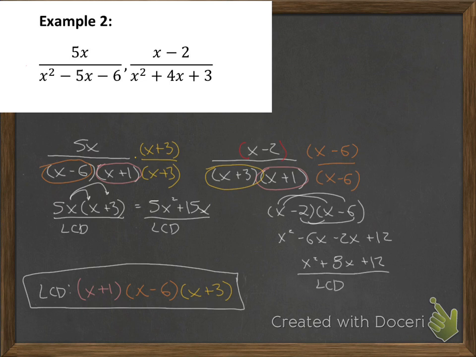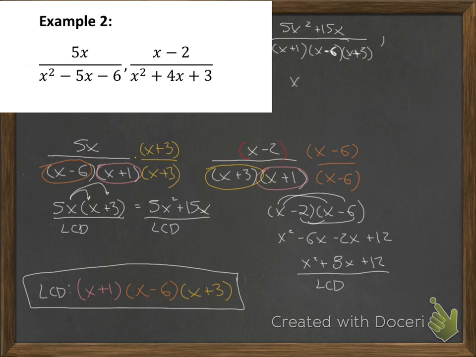Okay, so let's actually write our answers out. I have some space up here. I have 5x squared plus 15x over the LCD. The LCD is x plus 1, x minus 6, x plus 3. Remember that the order doesn't matter, because 3 times 2 is the same as 2 times 3. Multiplication is commutative. So that's our first one. I don't really have room next to it, so I'll just put it right below.